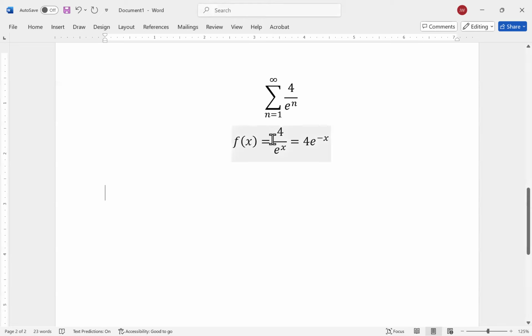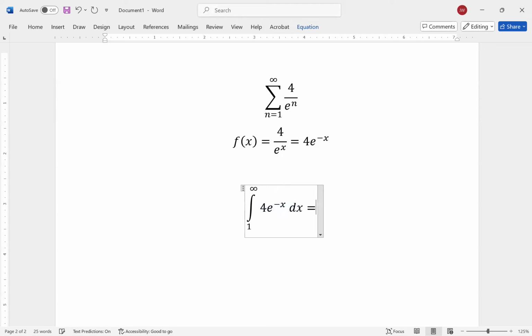This function is continuous and decreasing and positive, and therefore we can apply the integral test. So the integral test would say, let's integrate 4 times e to the negative x from 1 to infinity.